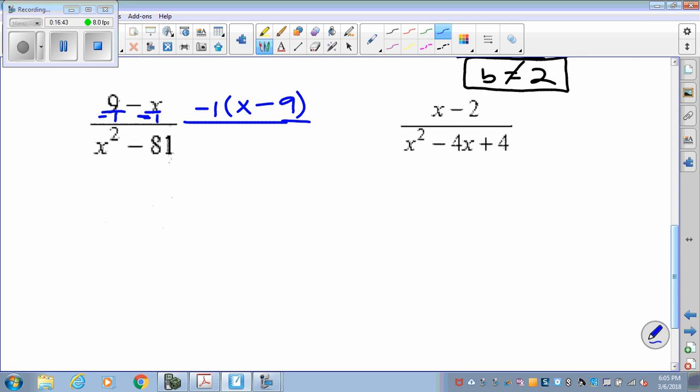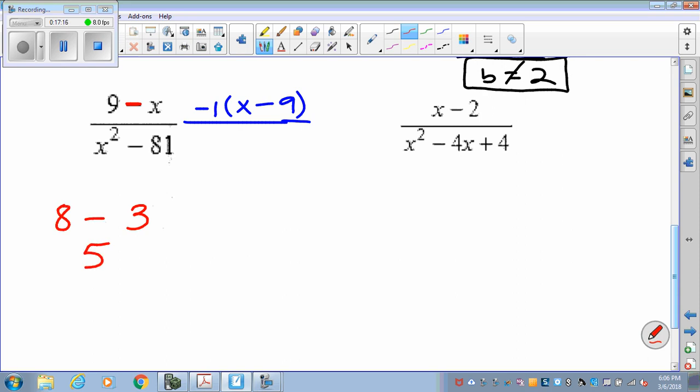Okay? So basically, let's look at what happened there. I had 9 minus x, and I flipped them around. I switched the order. But remember, subtraction is not commutative. If you change the order, you change the sign. For example, 8 minus 3, right?